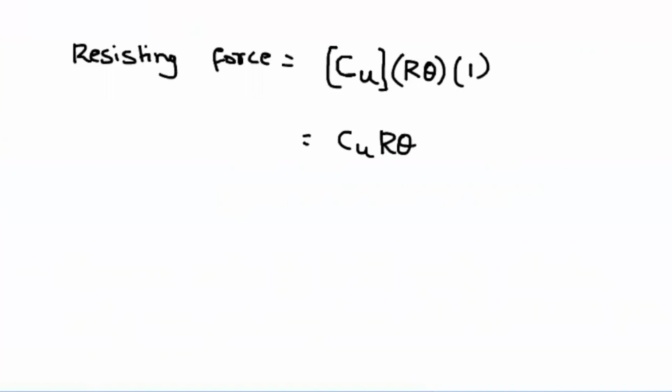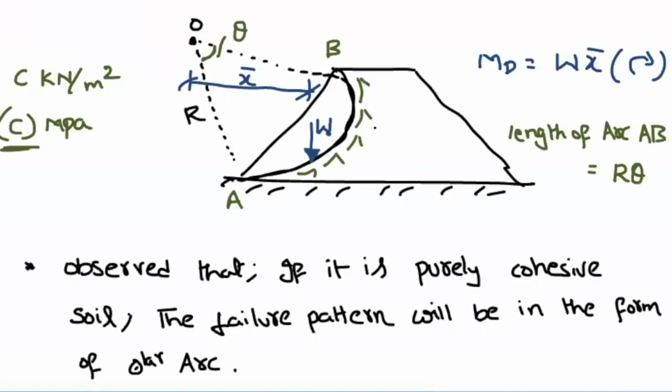So this force is completely Cu into r into theta. What moment is it forming at the point of rotation? Whatever point you consider, it is at an equal distance from the point of rotation, because this is a circular arc. That's why Cu into r into theta is the force. What is the perpendicular distance? We'll say it is r.